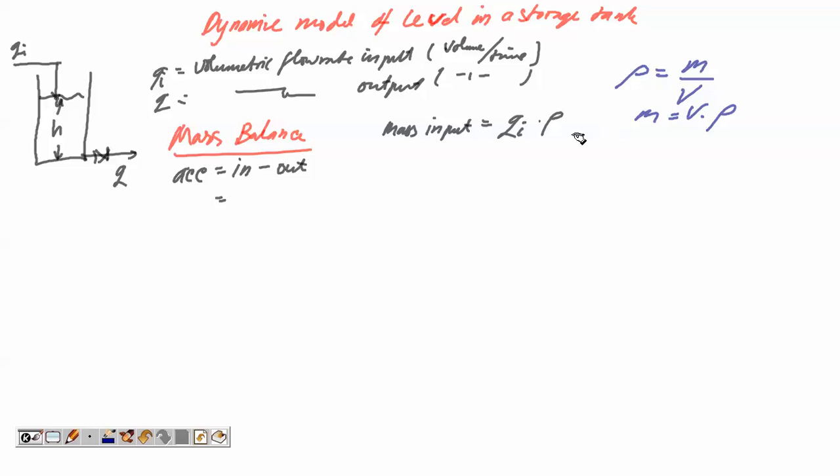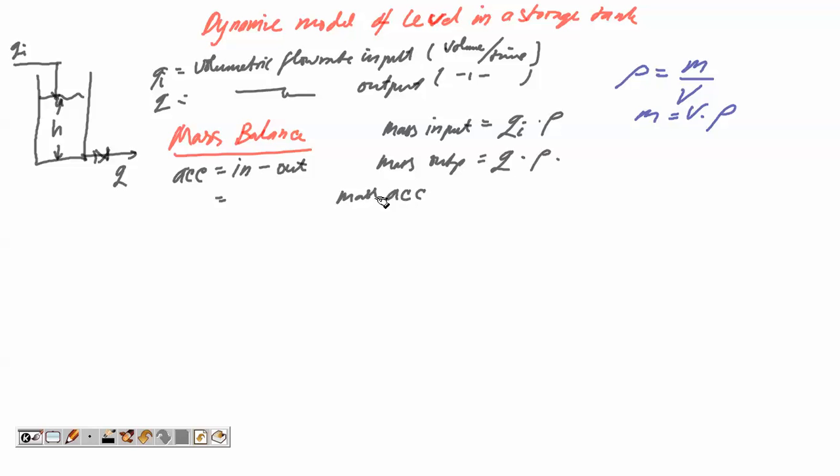So volumetric flow rate times rho means mass flow rate. So from the volumetric flow rate we convert to mass flow rate, and the mass output in a similar method is Q times rho. And what is the accumulation?